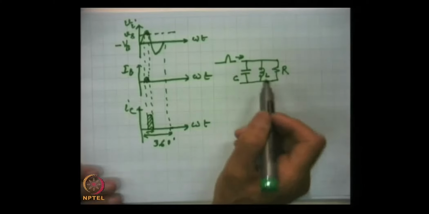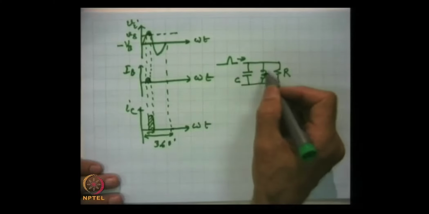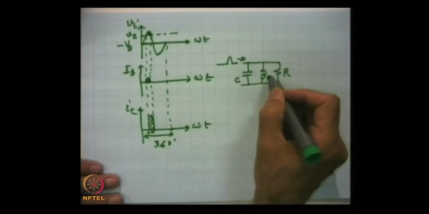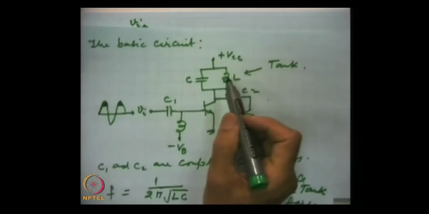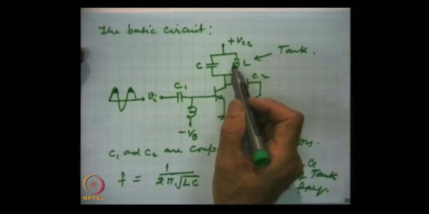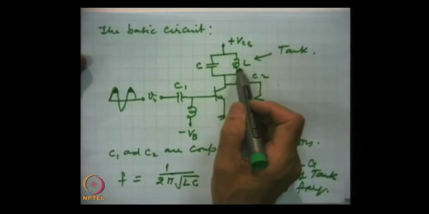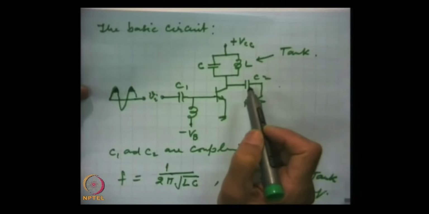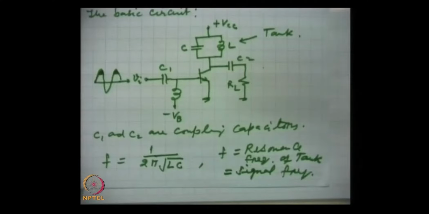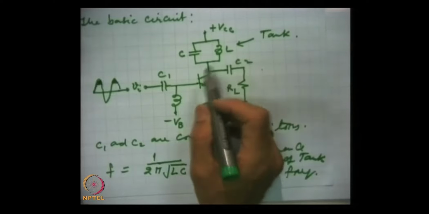This LCR circuit, we are showing here the inductance, the inductor has some series resistance, and that series resistance we are representing as an equivalent parallel resistance.